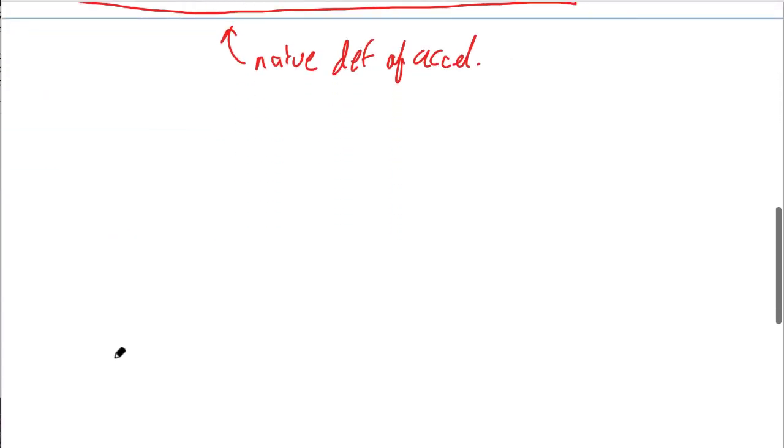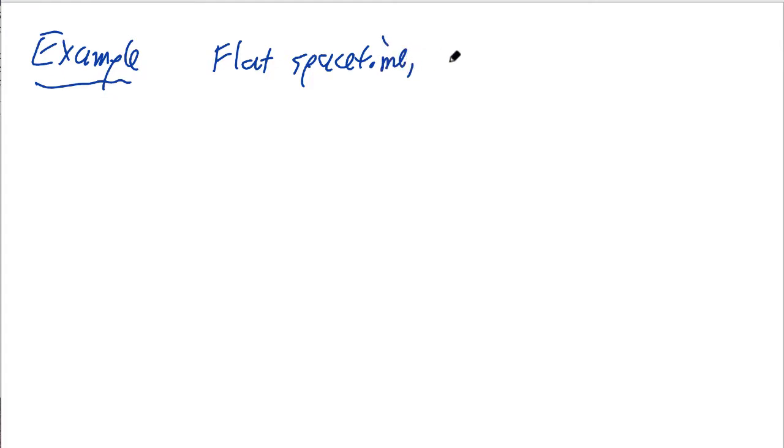Let's work through an example. Let's consider two-dimensional flat space-time. Let's use Rindler coordinates. Now, previously when I've used Rindler coordinates, I've used the coordinate names ρ and τ.